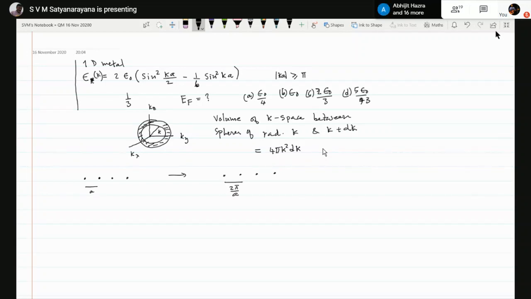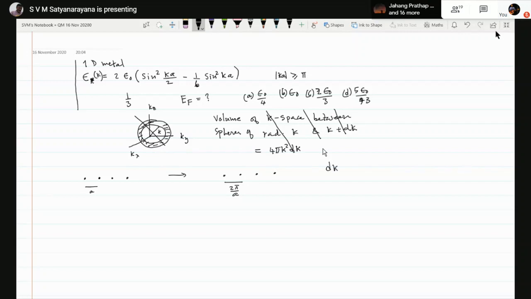I think this is one-dimensional, so I have to take one dimension and don't have to bother about this. It's three-dimensional, like you have written for 3D. Otherwise, it is simply dk. This is the length element.